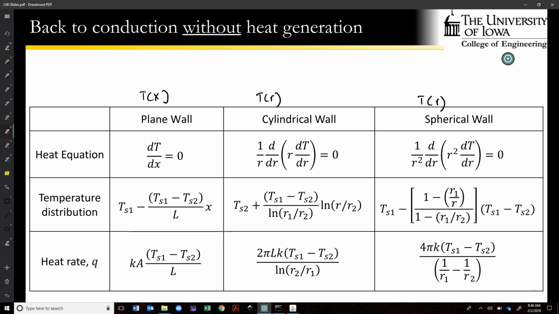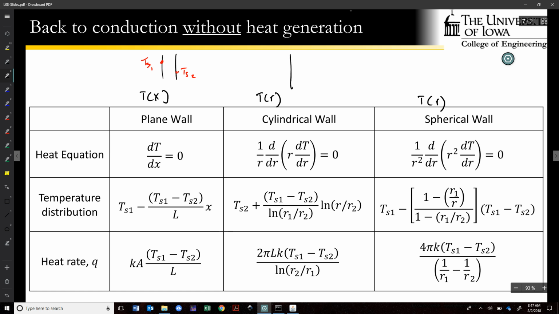When we go through and solve for those, let's assume that we have that information about the temperatures at the surfaces, the constant temperature boundary condition. Plugging those in, we get these expressions for the temperature distribution across those walls. So it's a function of Ts1 and Ts2, where in the plane wall, that means Ts1, Ts2.